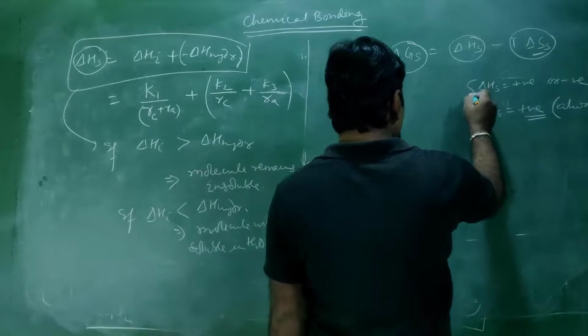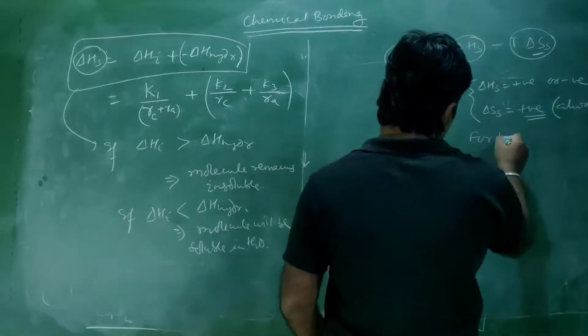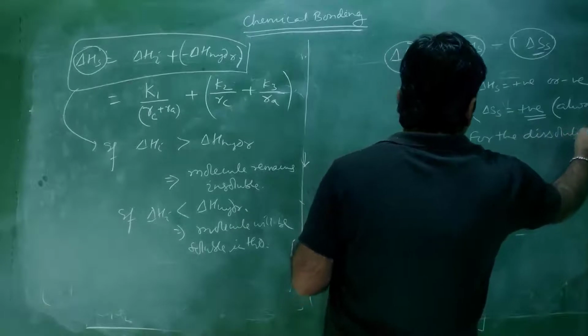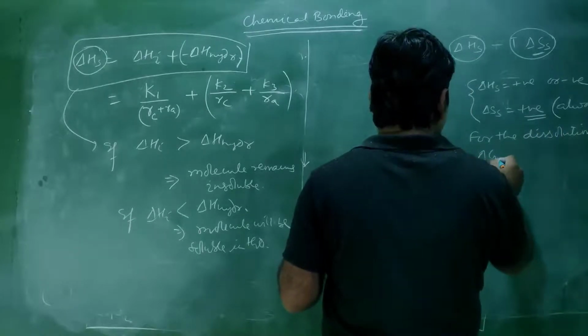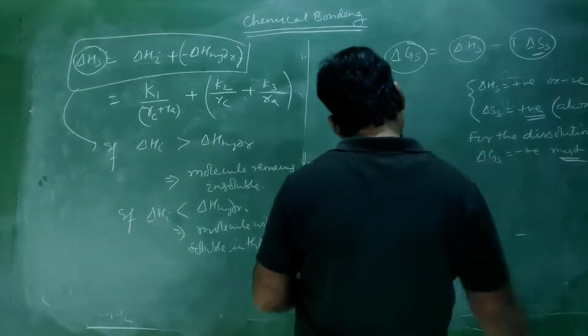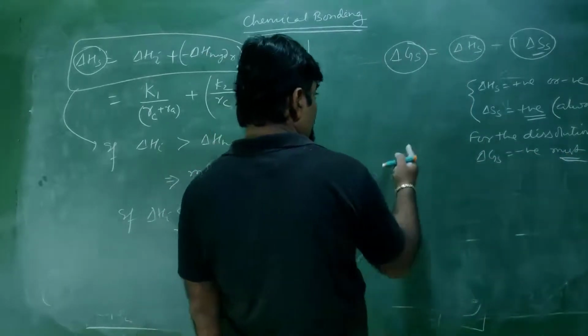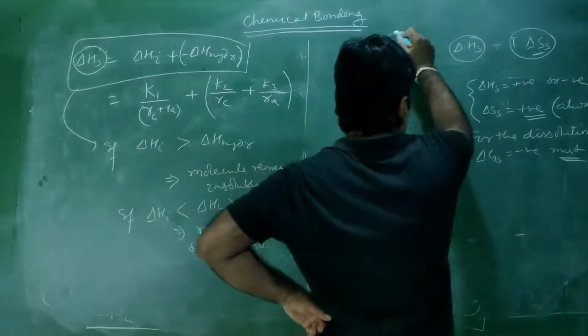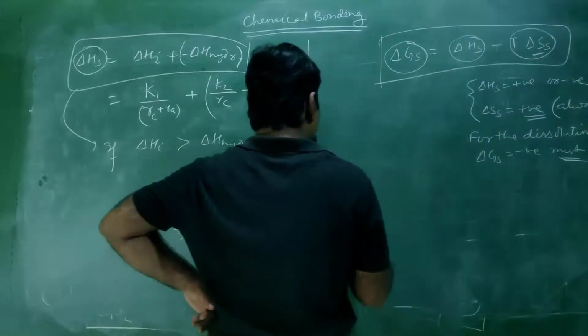So delta Ss is always positive. And for the dissolution, delta Gs must be negative. How can we explain? Through this we can explain different cases.